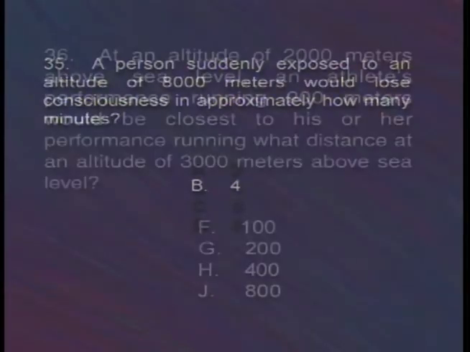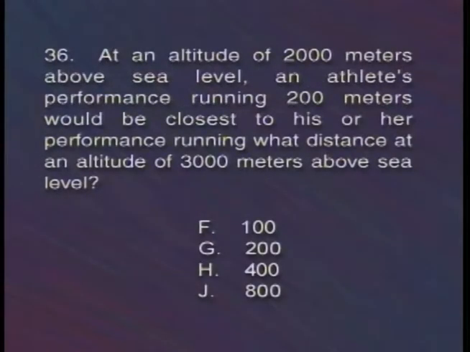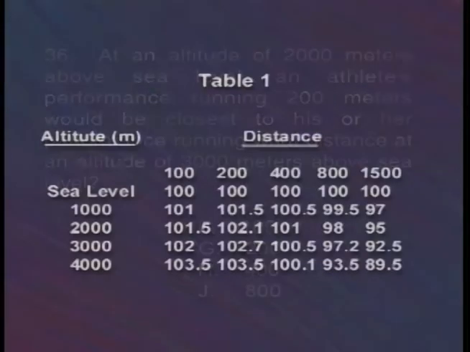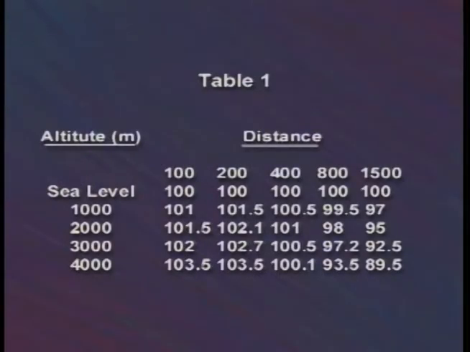Question 36. At an altitude of 2,000 meters above sea level, an athlete's performance running 200 meters would be closest to his or her performance running what distance at an altitude of 3,000 meters above sea level? Let's use Table 1. At an altitude of 2,000 meters and a distance of 200 meters, the value in the table is 102.1%.